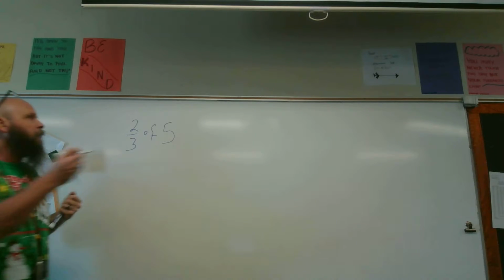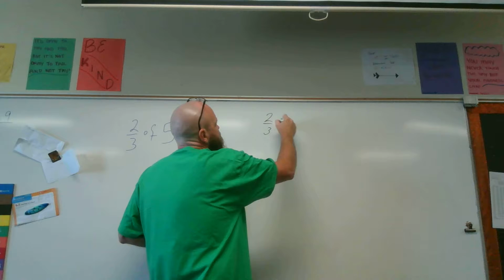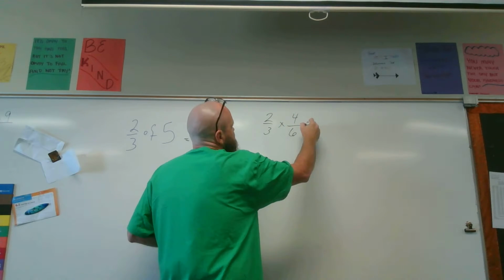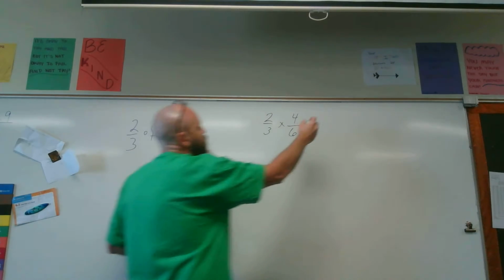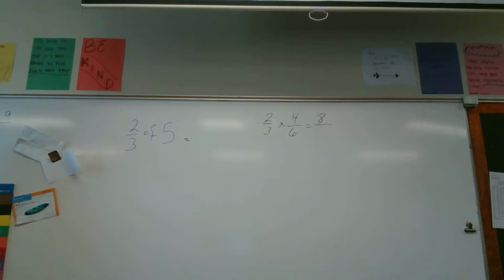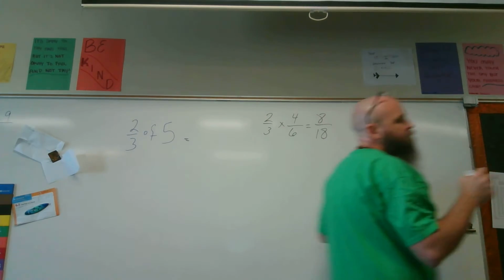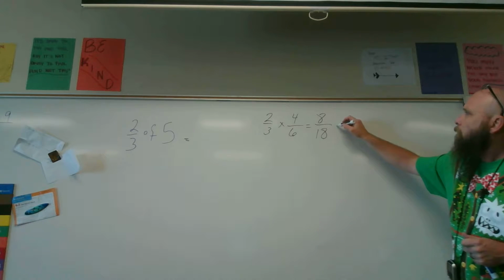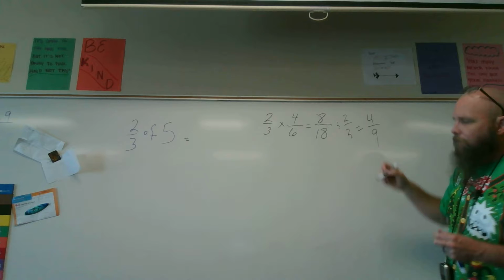When we multiply fractions, so if I said 2/3 times 4/6, I multiply numerator times numerator. So 2 times 4, which is 8. Denominator times denominator. So 3 times 6, which is 18. And then I'd simplify it, dividing by 2, and I get 4/9.